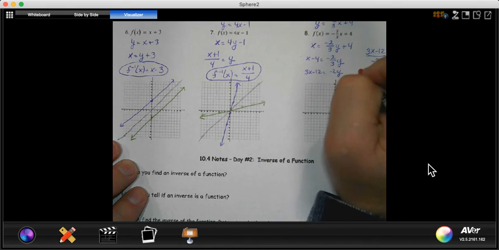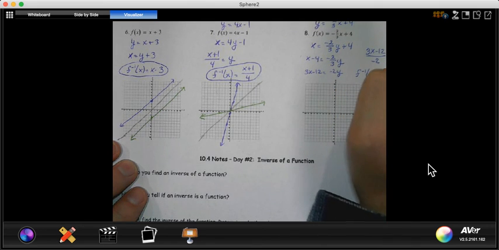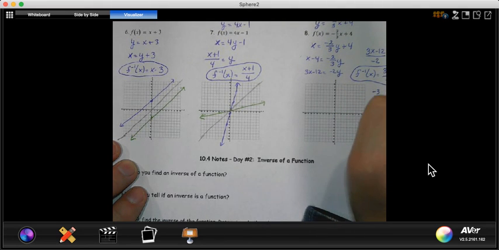Turn it around, use the inverse symbol. So f inverse superscript -1. And then we have 3x minus 12 over -2. You can simplify that if you want. If you're curious, that would be -3/2 x plus 6, because -12 divided by -2 is +6.